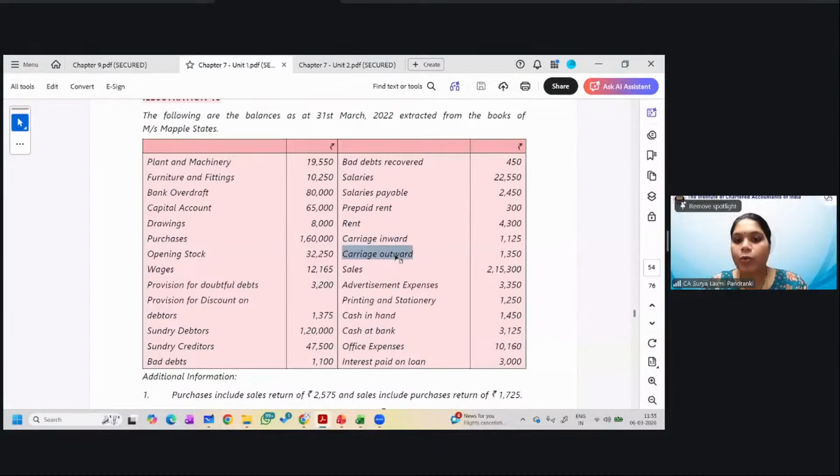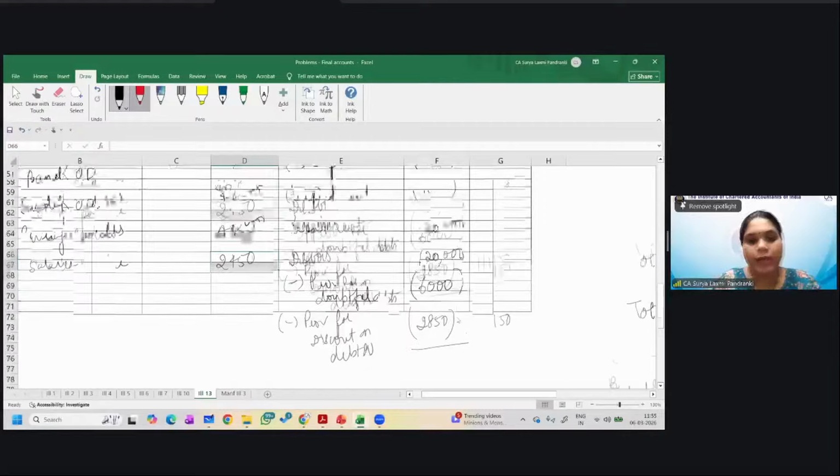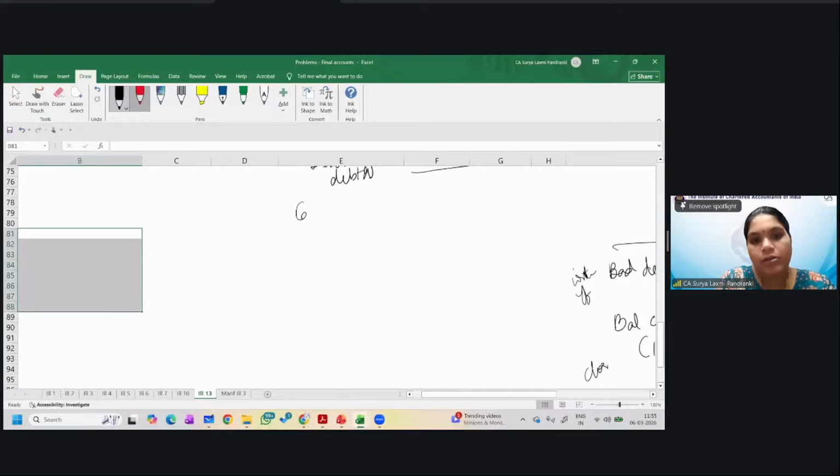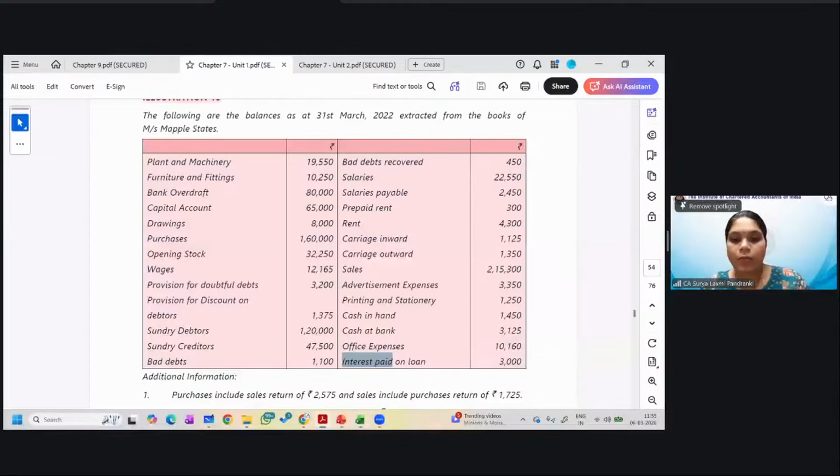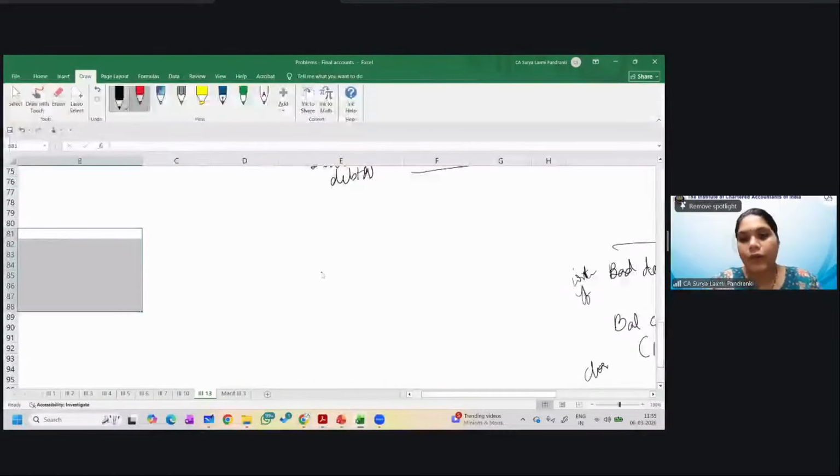Inward is trading, outward is P&L. Sales in trading, advertisement, printing in trading account. Cash in hand, cash at bank are there. Office expenses, interest, both are done. So only cash in hand and cash at bank are there. Cash in hand is how much? 14503145.